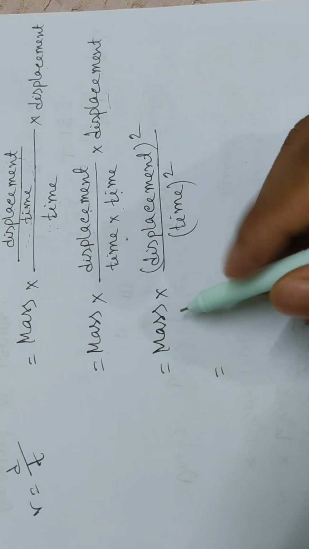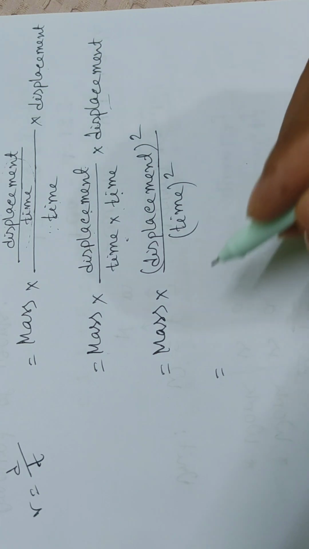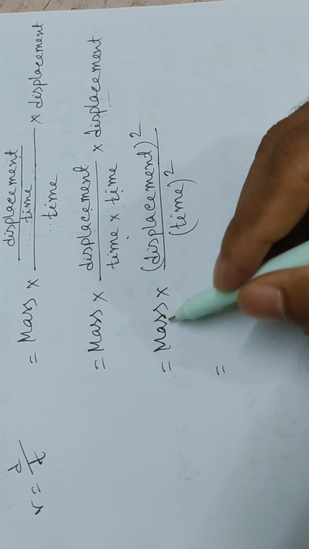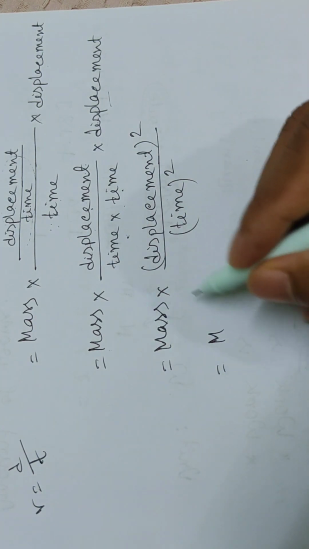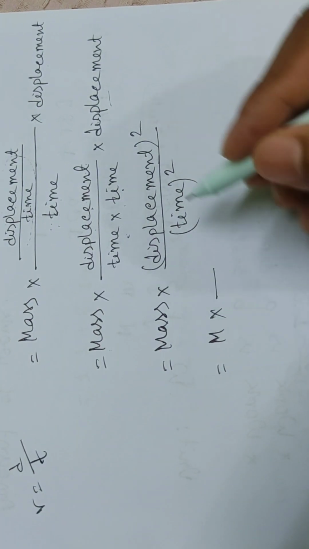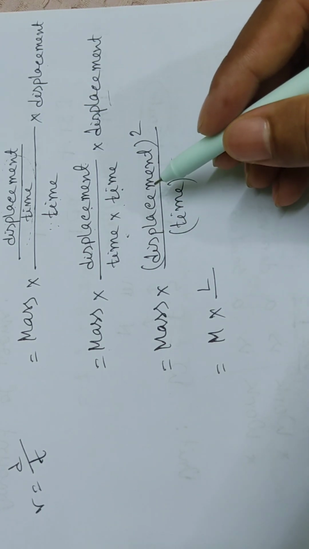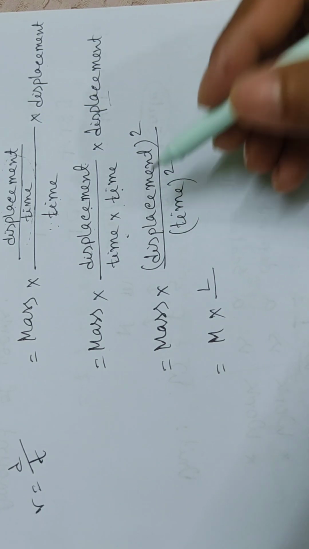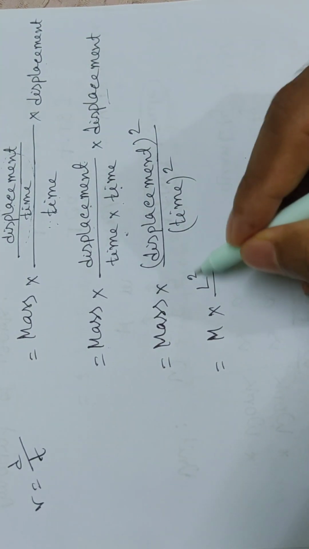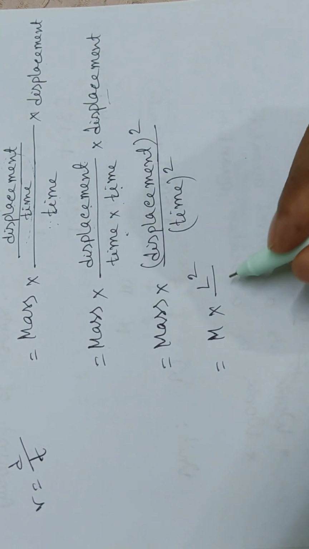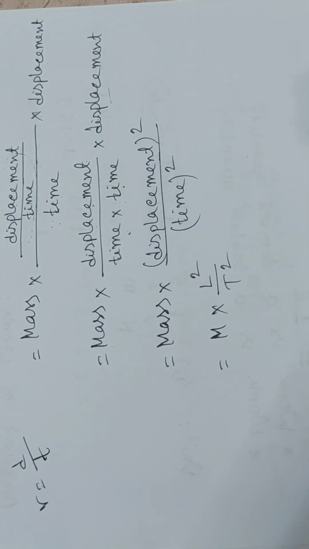Now if we want to express mass, displacement and time by letters, how can we express them? We express mass by m, then multiply displacement by capital letter L, because displacement means length, right? So instead of displacement we can write length, and square is here. Then instead of time we will write capital letter T and square.